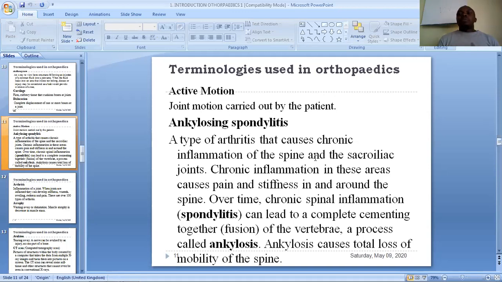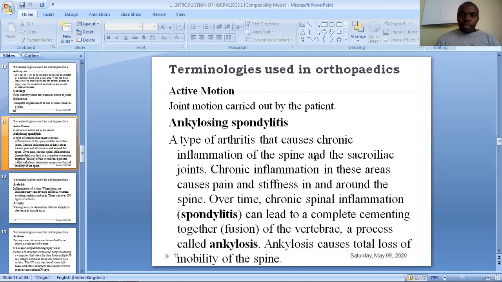In simpler terms, you still recall from your anatomy that we have the spine, which comprises the cervical region, which has 7 vertebrae. Also, we have the thoracic region in the spine, which has 12 vertebrae. We also have the lumbar spine, which has 5, and so on.